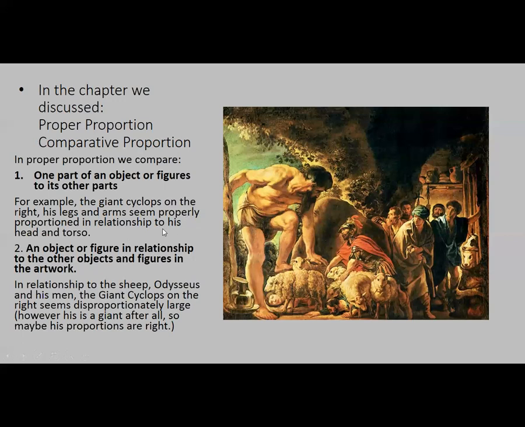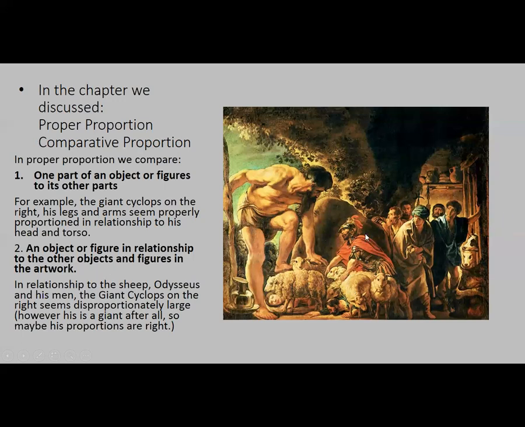And then another way to talk about proper proportion is we are talking about an object or a figure in relationship to the other objects and figures in the artwork. So if we compare the size of this cyclops here, he seems disproportionately large as compared to the size of the people and the sheep and the other objects in the painting.